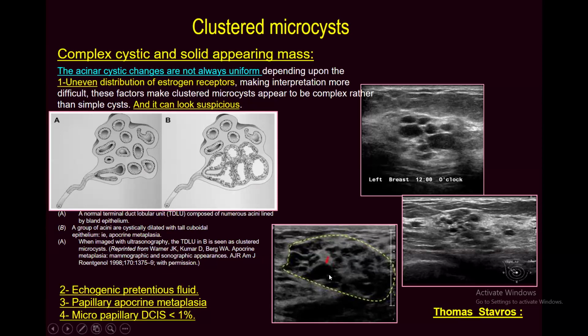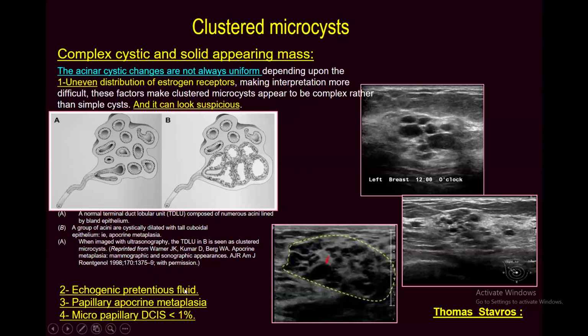You might find part affected while the other part is not, giving apparent thick septations, same as in these examples. All are fibrocystic, but because some of the acini are affected by the hormones and get dilated while the others are not, due to uneven distribution of estrogen receptors, it presents the challenge of a complex lesion rather than just microcystic lesions.